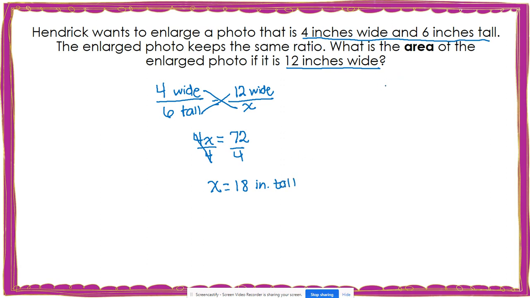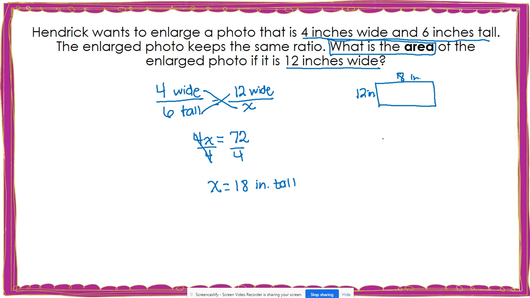However, if you look at the question, it doesn't ask how tall the photo is. The question asks what is the area of the enlarged photo. Well, if we have a photograph that is 12 inches wide and 18 inches tall or long, it would look like this. So it is in the shape of a rectangle.